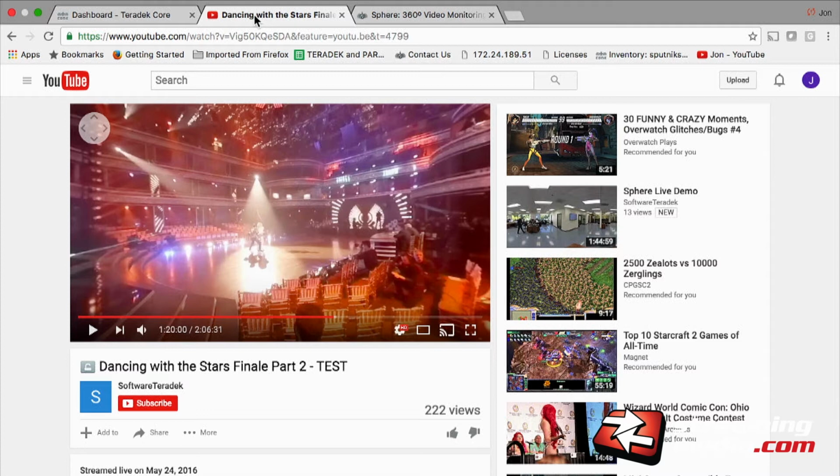Something else I'm going to show you is that quite typically you want the sphere to be in the middle of the action because you want to give people that feeling that they're actually at the event in the front row, even on stage. So we have the iPad at Dancing with the Stars, and we're feeding in audio from the board. And who has ever tried to do something wirelessly at an event where there's thousands of people? Not recommended.